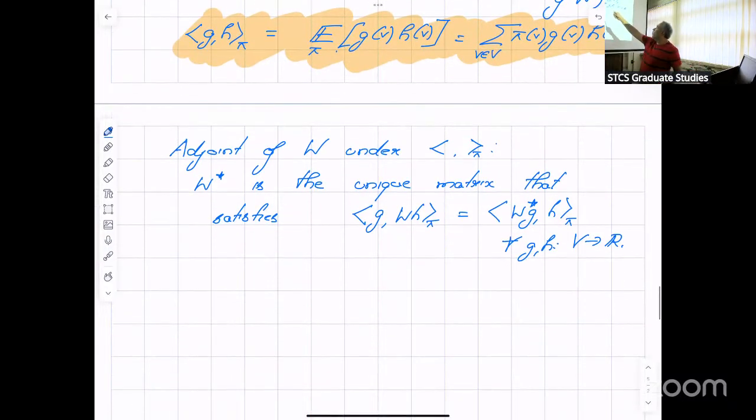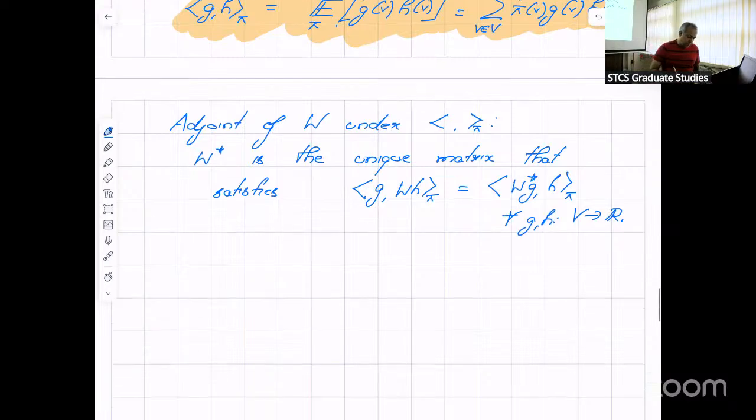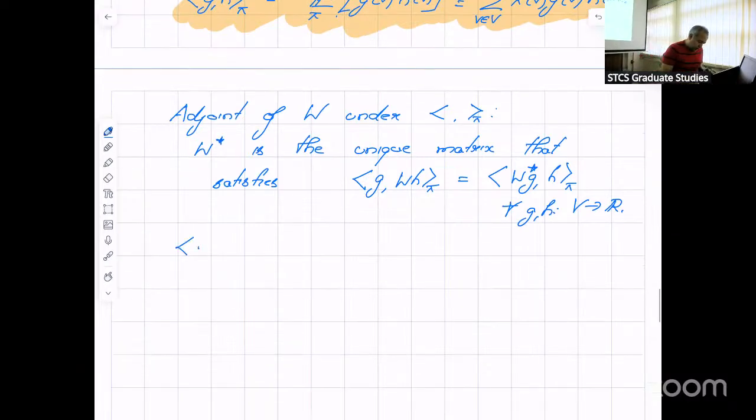Let's quickly see what this W star has to be. And then furthermore, in order to be self-adjoint, we will put conditions on what W star should be. W star should be W if eventually we want to understand that. So let's look at the inner product again. The inner product of G and H under pi, once again, what did we see? This is just the sum of pi(V) G(V) H(V).